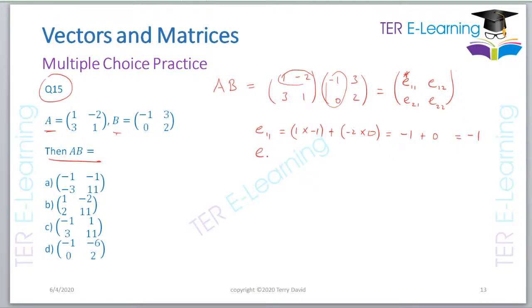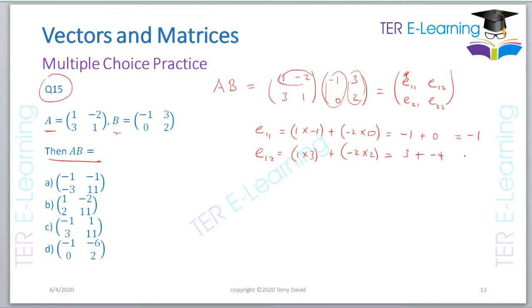So element row 1, column 2. I have to take this row here, multiply by this column here. So we say 1 multiplied by 3 plus minus 2 multiplied by 2. 1 by 3 gives me 3, plus minus 2 by 2 gives me minus 4.